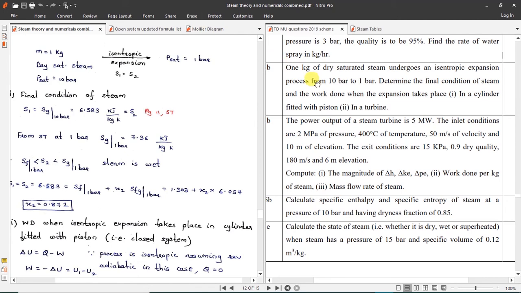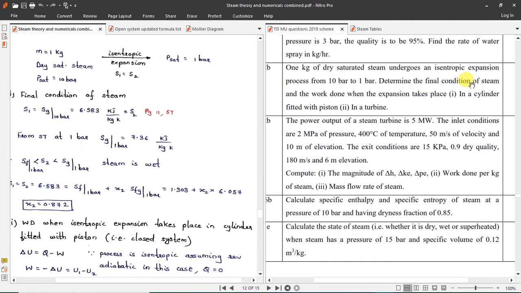Again a typical question. 1 kg of dry saturated steam, I am writing the data simultaneously, undergoes isentropic expansion. Isentropic expansion means S1 equal to S2, to 1 bar pressure. So PSAT for point number 2 is 1 bar. Determine the final condition of steam.